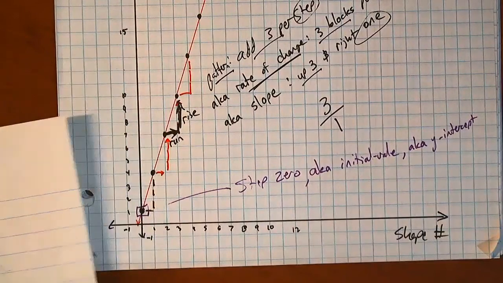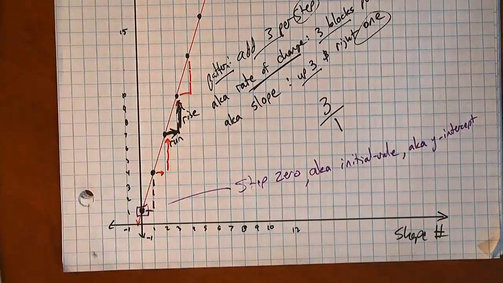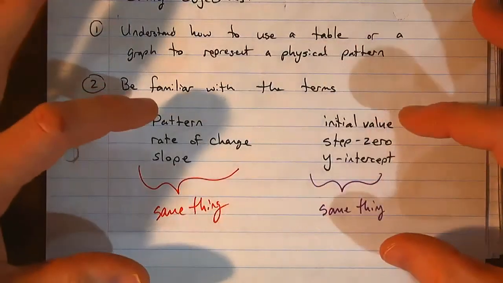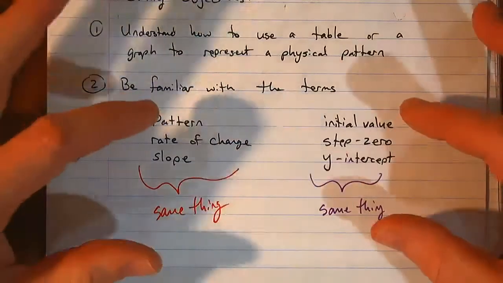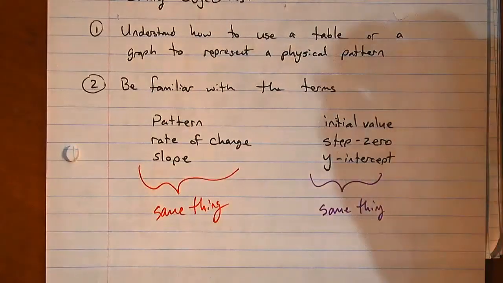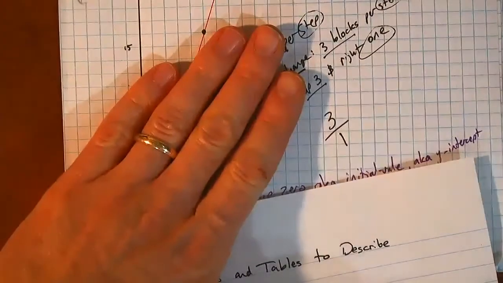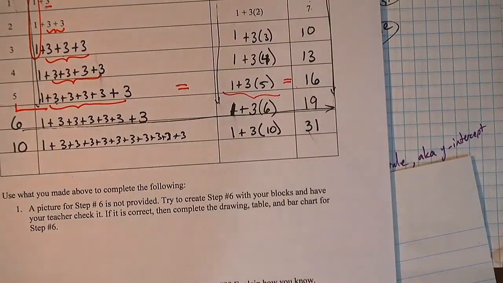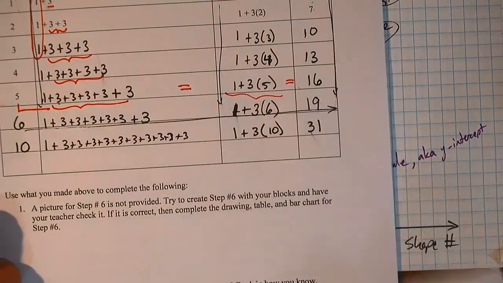Okay, so that is very basic stuff. Like I said, hopefully there was nothing here that you felt was earth-shattering. But the idea here is we want to be able to take these math terms that we're going to see over and over again all year long, and we want to be able to connect them both to graphs and to tables and to physical objects in the real world.